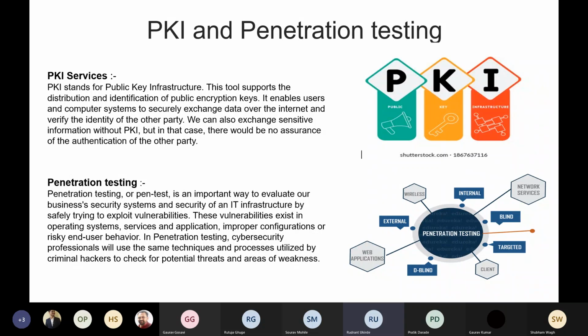In penetration testing, the security professional uses the same techniques and processes utilized by criminal hackers to check for potential threats or areas of weakness. So these were some basic cybersecurity tools used in cybersecurity. Next slide.